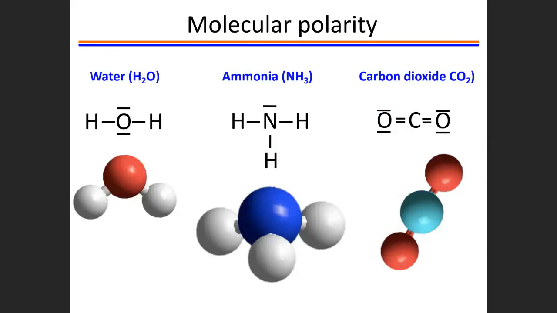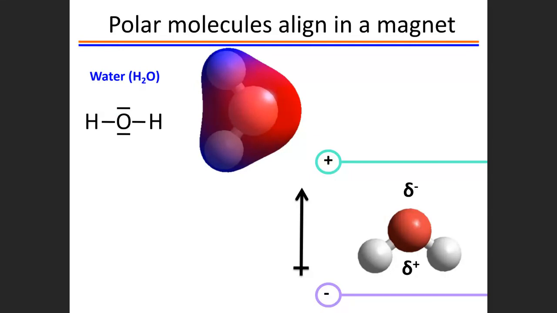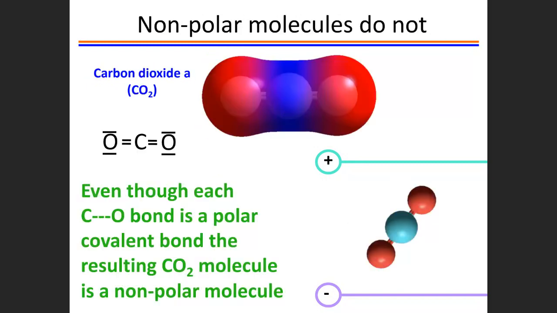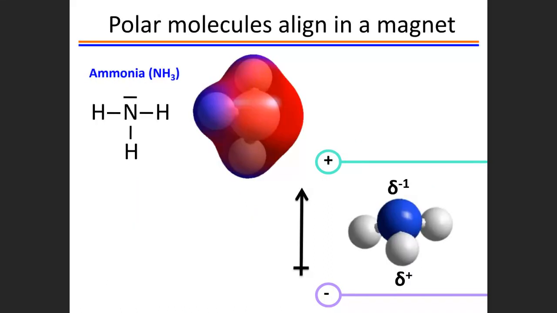Here we have some examples: water, ammonia, and carbon dioxide. Here are the partial positive charges and distance. As we say, we have to measure the distance. With this distance, we will find which one is more polar and which one is less polar.